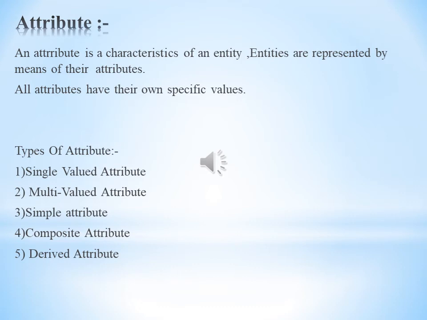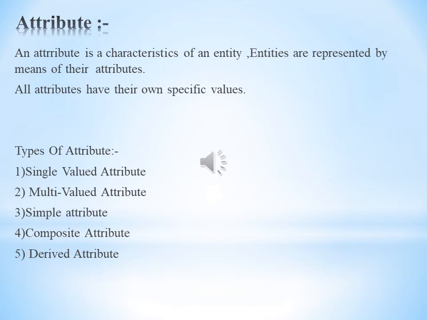Then the simple attribute. An attribute whose value cannot be further divided is known as a simple attribute. This means it is atomic in nature. For example, in the entity student, the attribute student age cannot be divided.